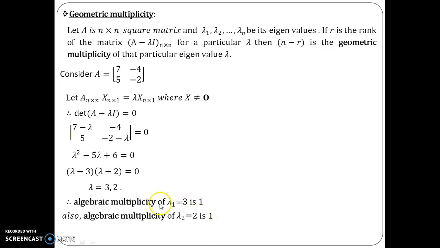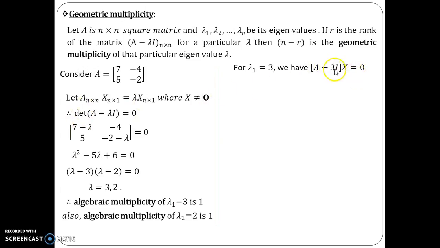Consider lambda 1 equal to 3. For lambda 1 equal to 3, we want to find this matrix A minus lambda I. So that means A minus 3I x equals 0, right? How do I get this?